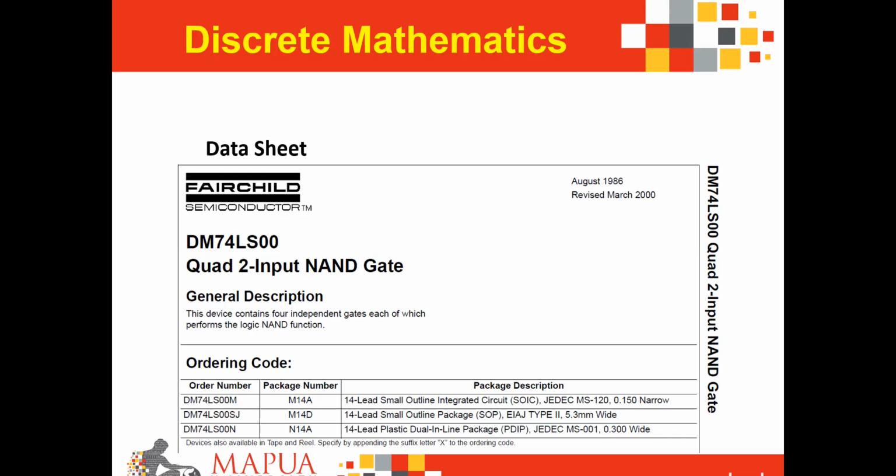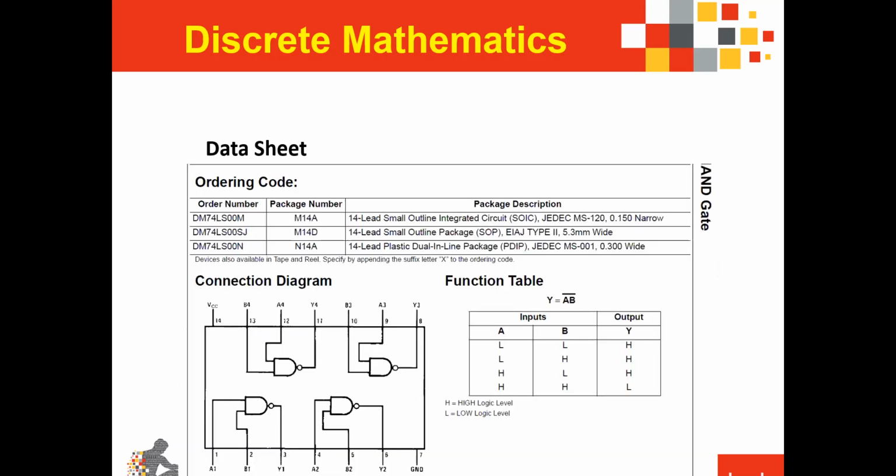You have the DM74LS00SJ, which is a small outline package, and the DM74LS00N, which is a 14 lead dual inline package, which is the most common one, as you've seen in the image. It also contains your corresponding connection diagram, which shows us the pin configurations of your ICs. Likewise, your respective truth table shows how this particular logic gate operates.